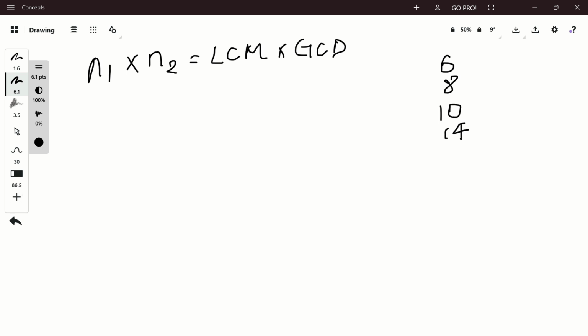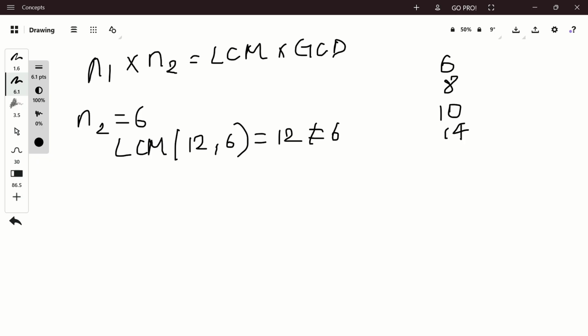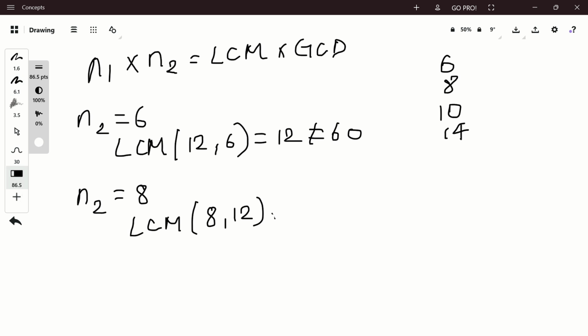Checking the options, if N2 is equal to 6, LCM of 12 and 6 is equal to 12, which is not equal to 60. If N2 is equal to 8, LCM of 8 and 12 is equal to 24, which is not equal to 60.